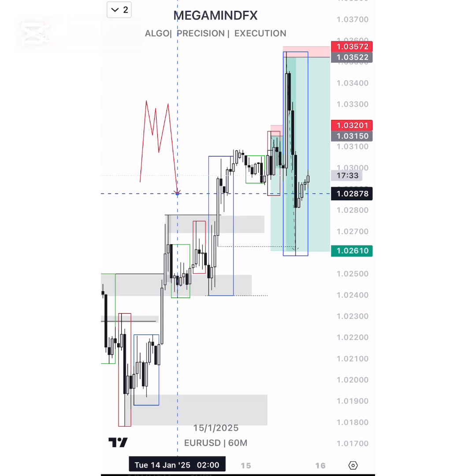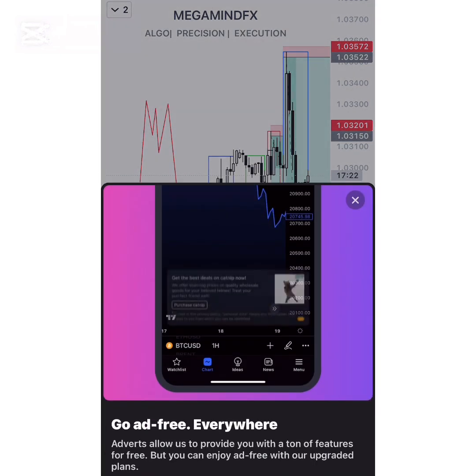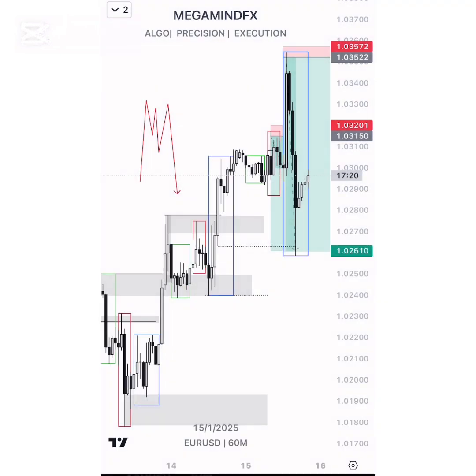And if you flip this, it is the same thing for the buy. If price is trending towards the downside, the rule is that it must come from the previous day's price action. Please note this.